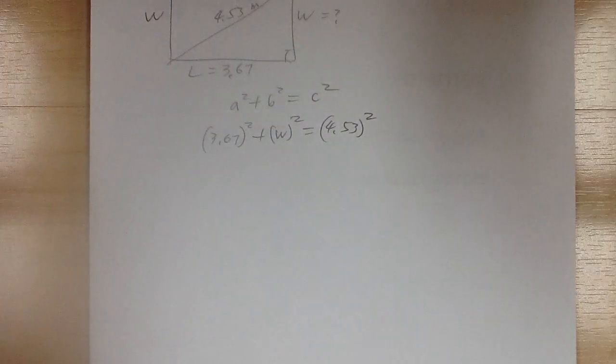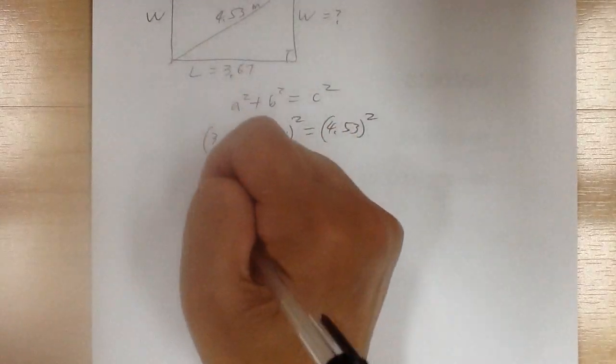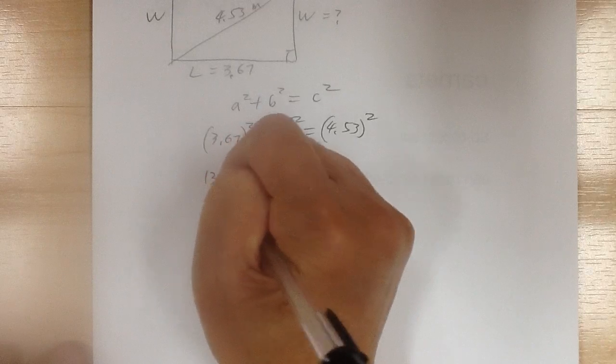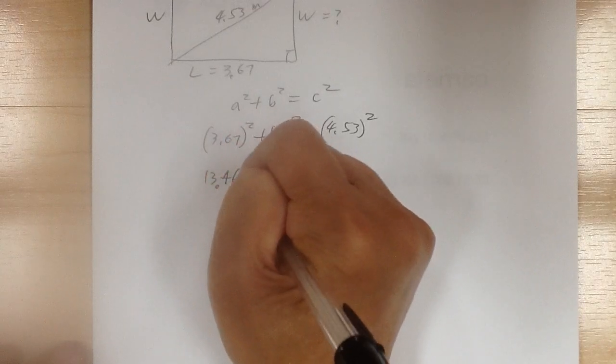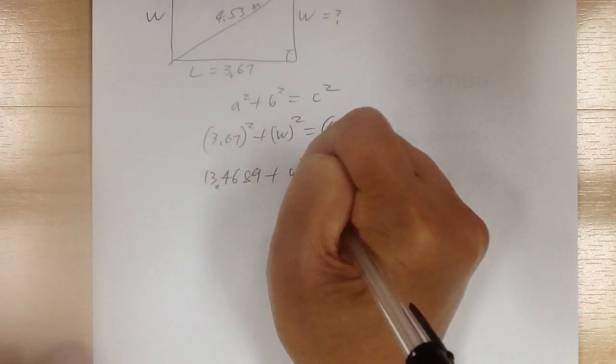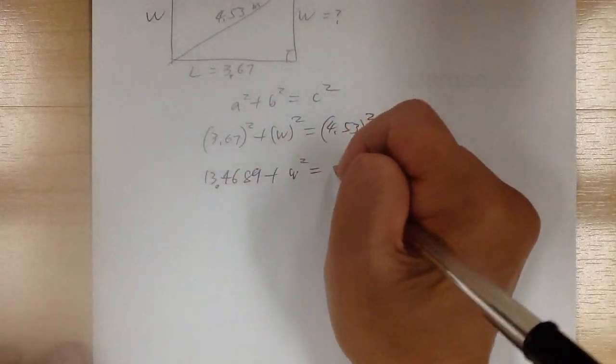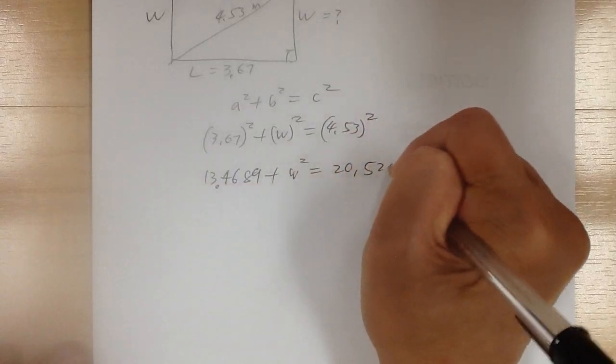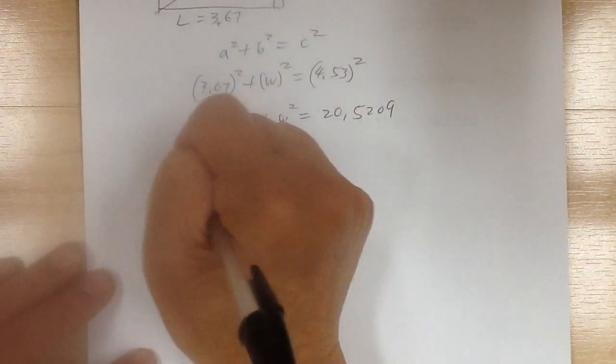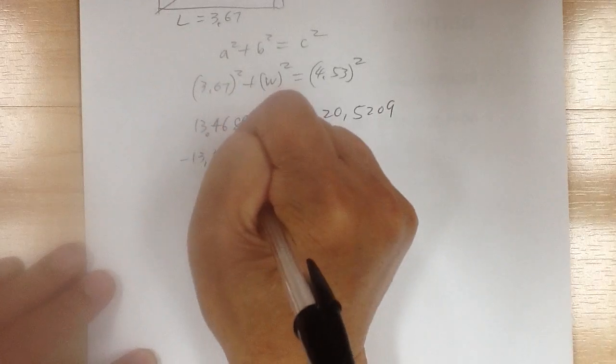Okay, so get your calculator, you work it out. So 3.67 squared, so you get 13.4689 plus w squared equal to. Okay, so this will give you 20.5209. So minus 13.4689.